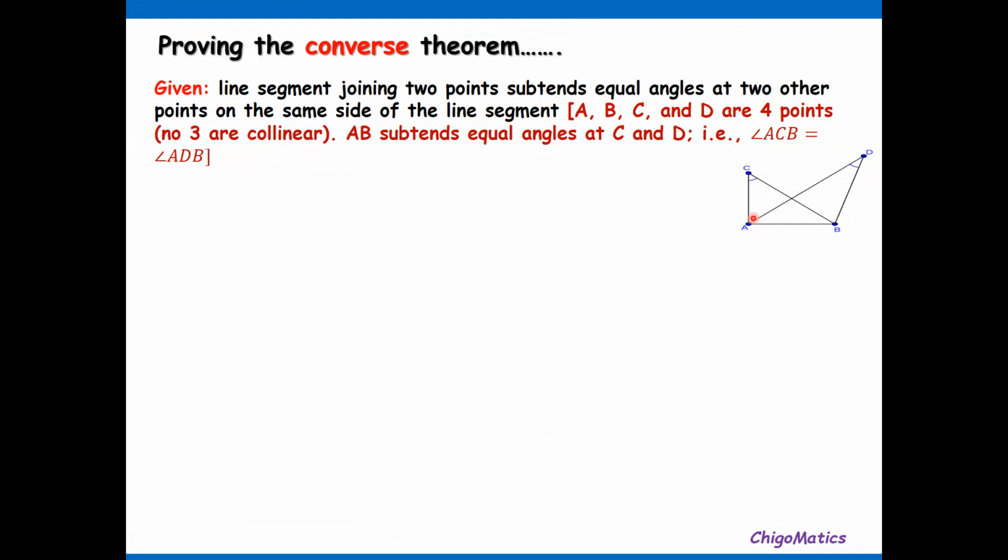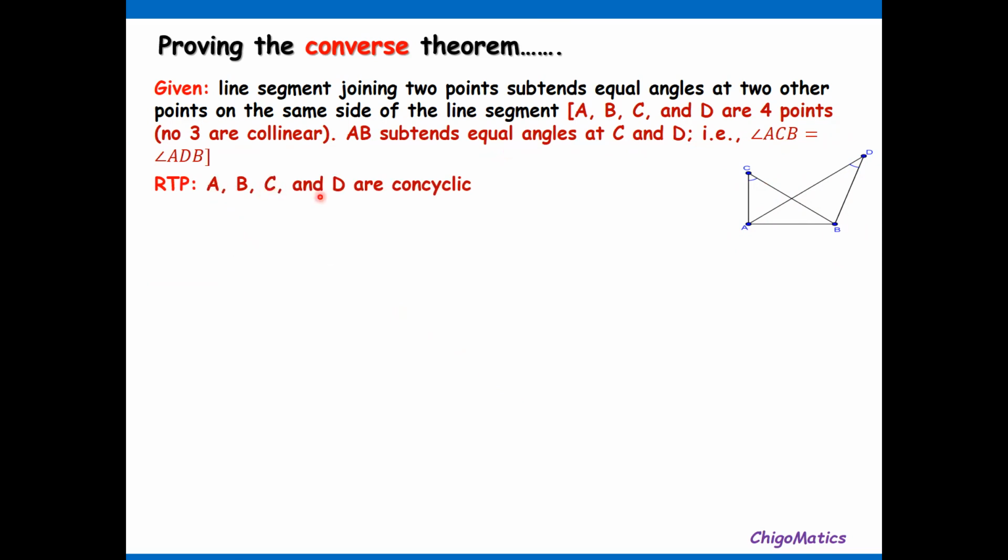We don't have such a situation. AB subtends equal angles at C and D. That means this angle is equal to this one. We are already given that angle ACB and ADB are equal.